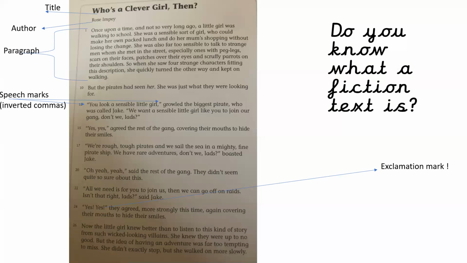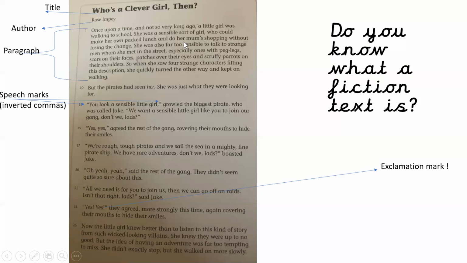So now that we've looked at this text, let's discuss some tricky words. So one of the tricky words that I saw was villains. What do you think a villain is? Fantastic. A villain is a bad guy. What do you think the word sensible is?